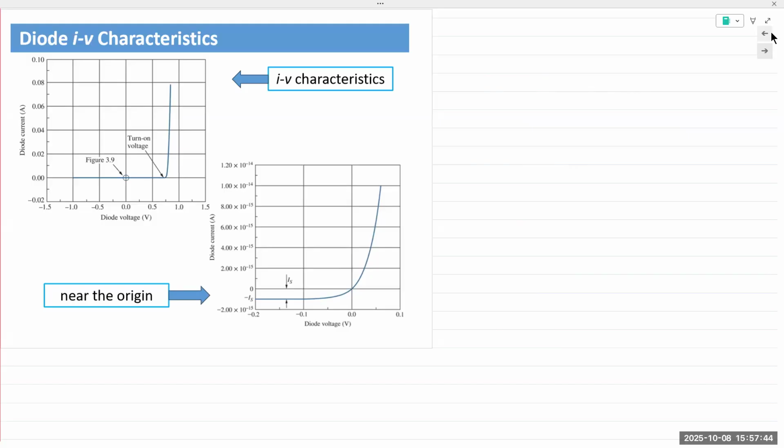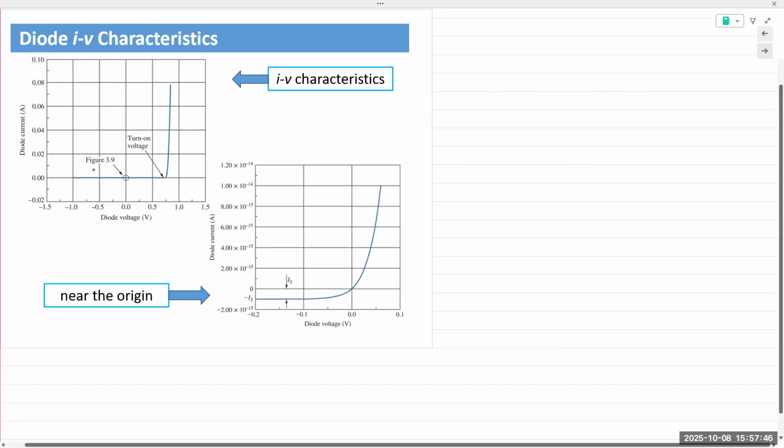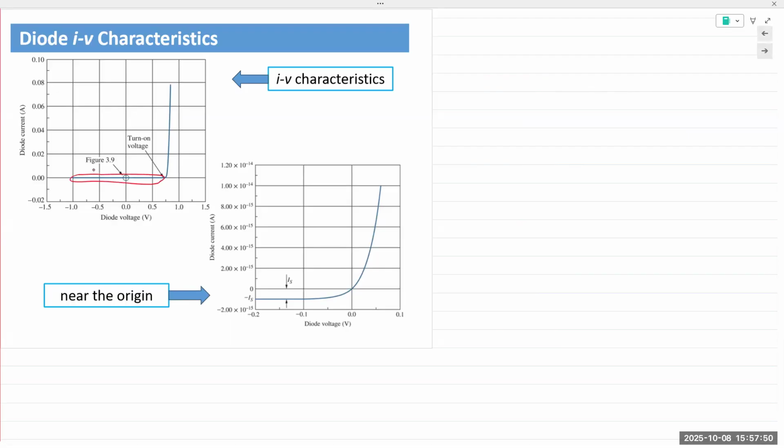The diode characteristics are going to be 0 until a certain level of voltage is applied across the diode to overcome that built-in junction potential. And that voltage is known as the turn-on voltage. Okay, it is known as the diode turn-on voltage.